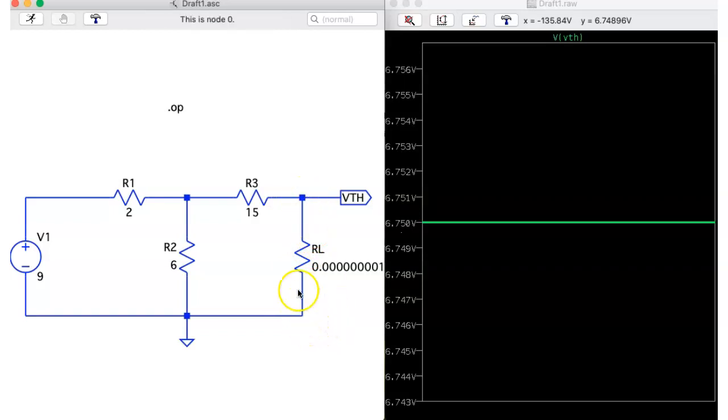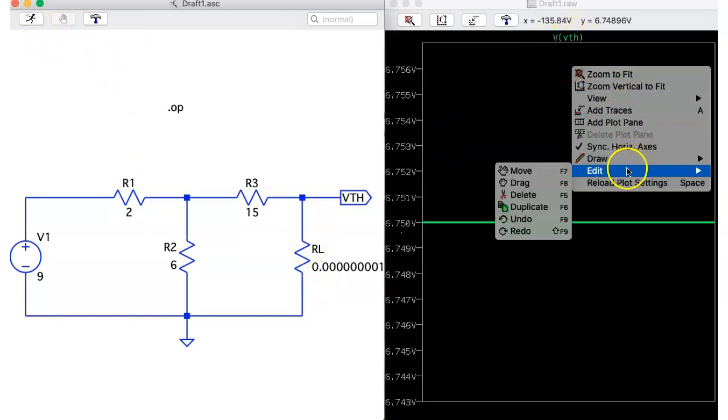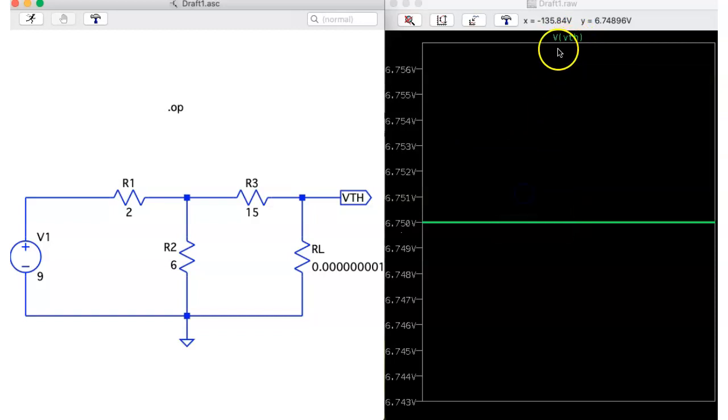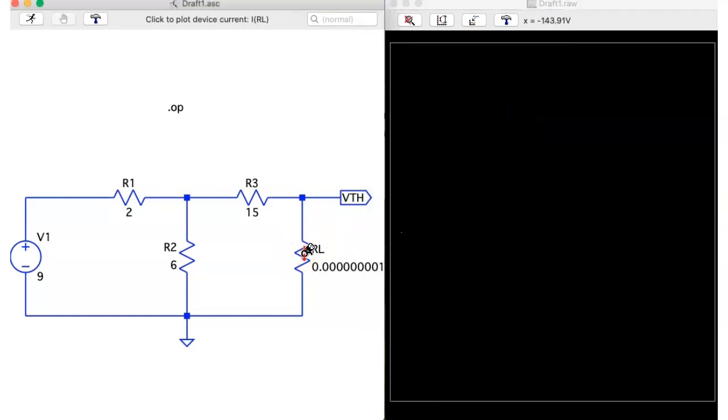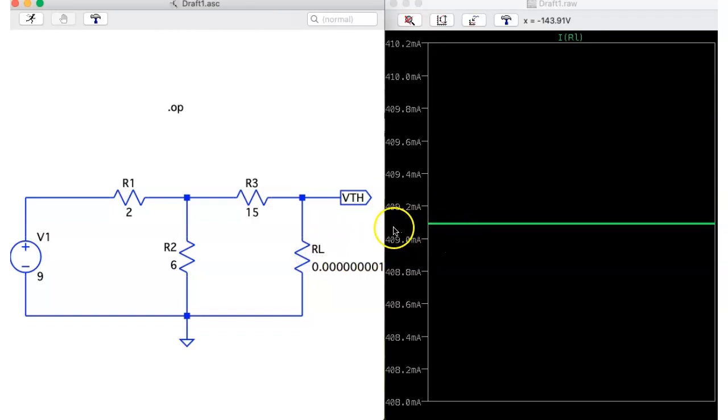Let's find out the current flowing into this resistance. Again click on this one, run. Let's delete this one first. Click on edit and then delete, and then delete. Now measure the current in this resistance, and which is this value.